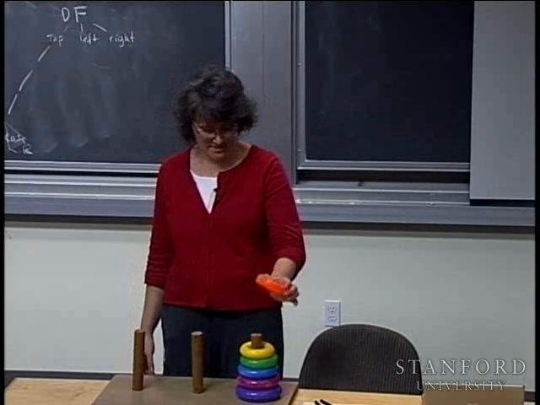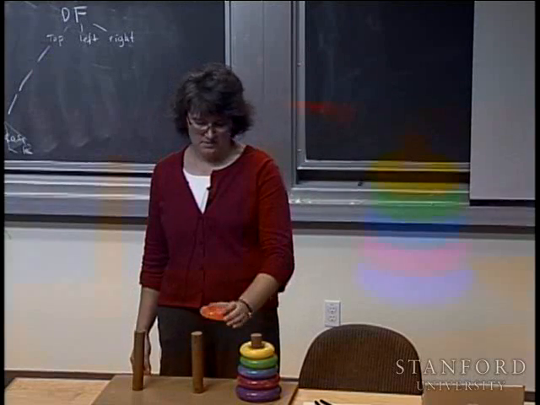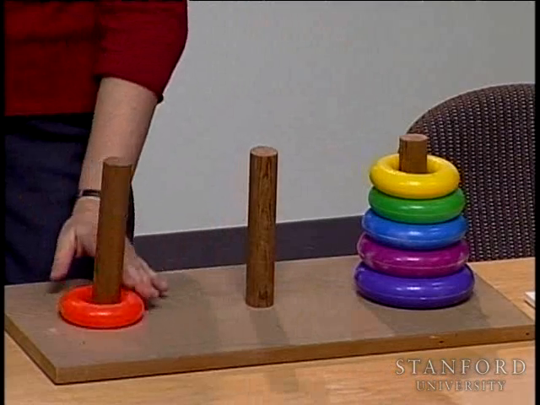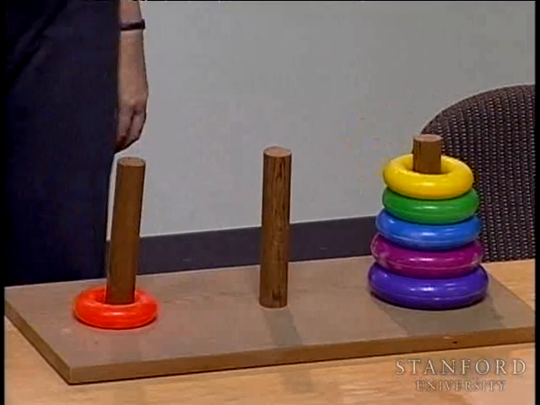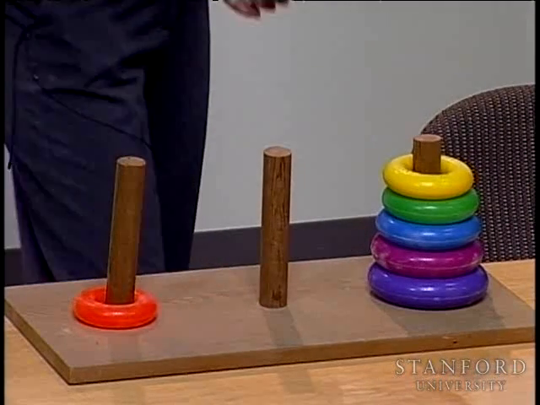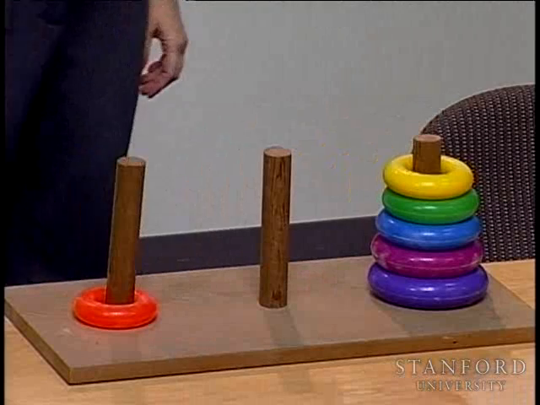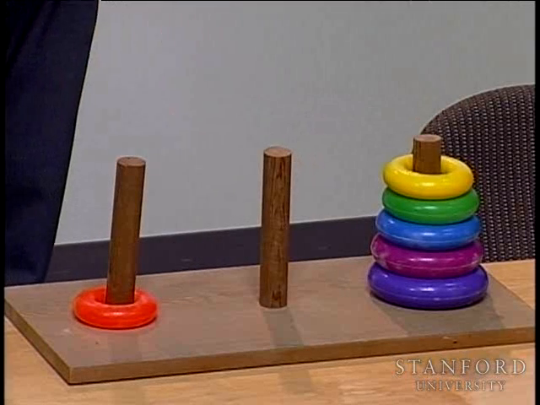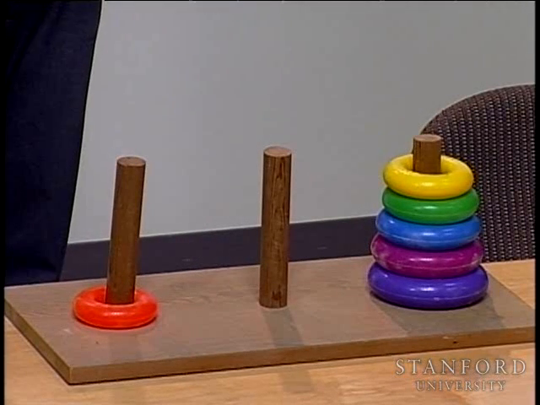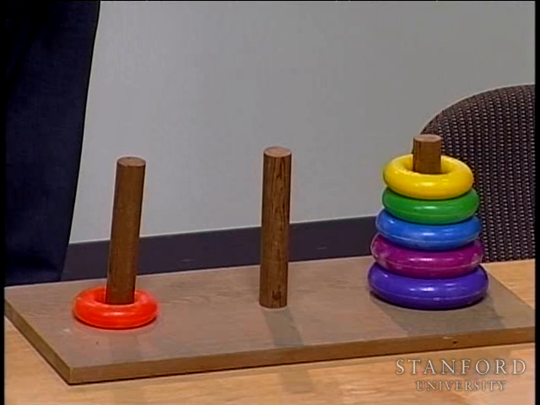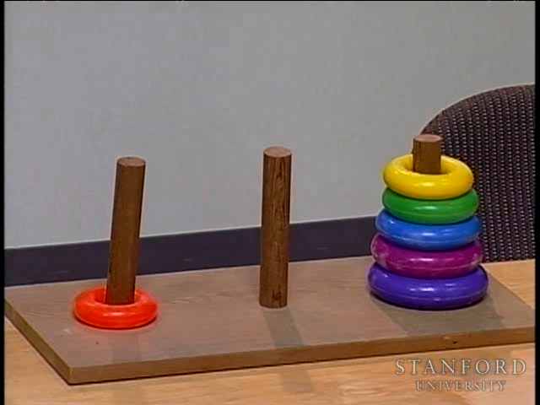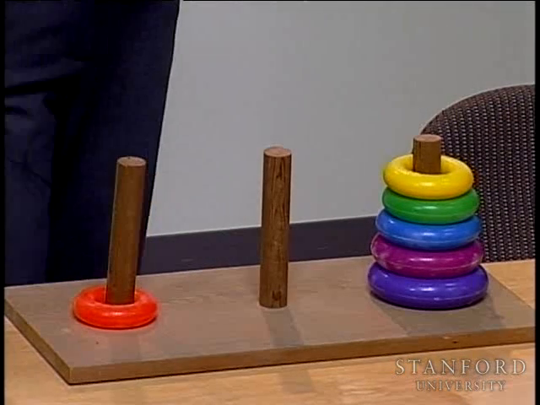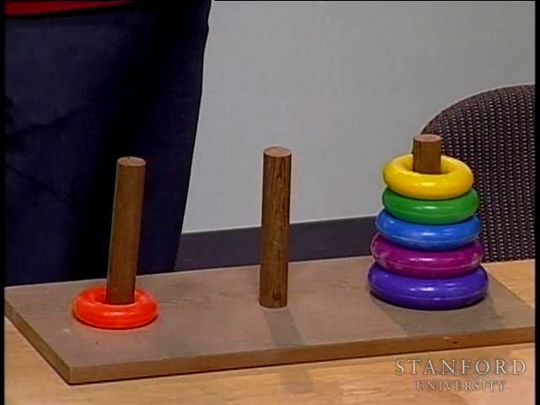I can get this top guy and stick it somewhere. Let's say I put it over here in the temporary one. Okay, I get it out of the way. I now have a tower of n minus 1 left. That seems like it's getting me somewhere. But now I need to move that tower of n minus 1 over here. But the situation I've made is I've actually not made the problem easier.